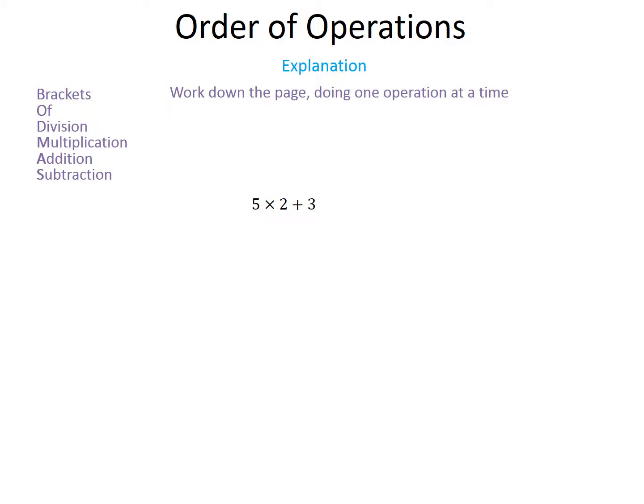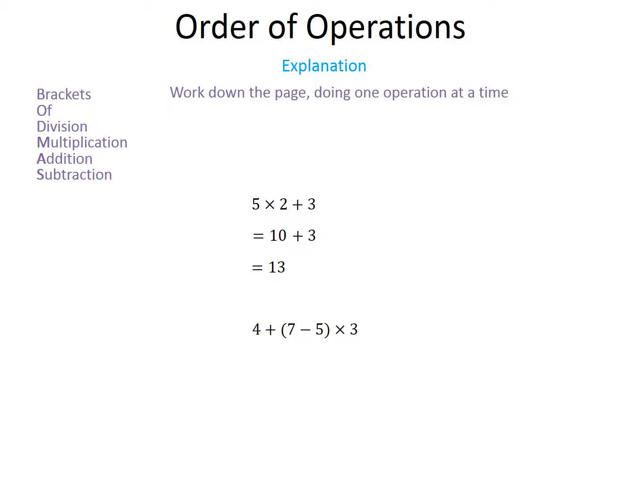Instead, we write the 10 underneath. 5 times 2 is 10. See this plus 3? We didn't use that yet, so we just write it down underneath. All I've done is turn 5 times 2 into 10 and copy the plus 3 down. You get used to doing that. You do it quite a lot in mathematics, especially the more complicated it gets. Then 10 plus 3, that's 13. Once again, underneath, I go down the page, not going across at all, always down the page. So that one is equal to 13.